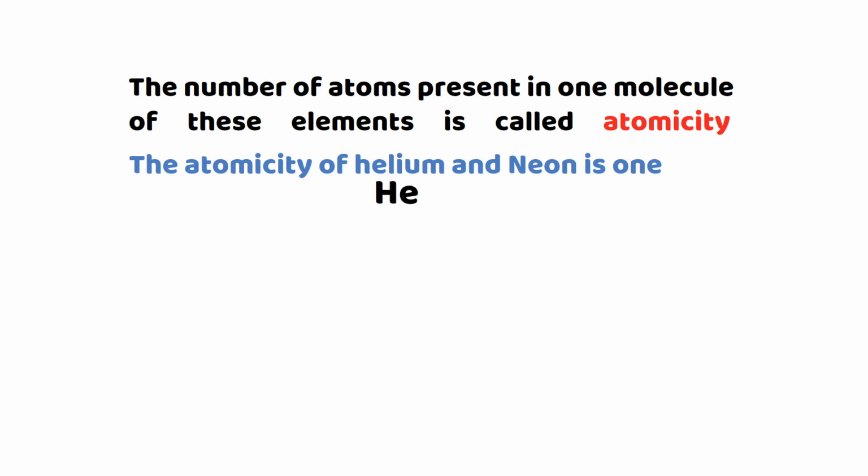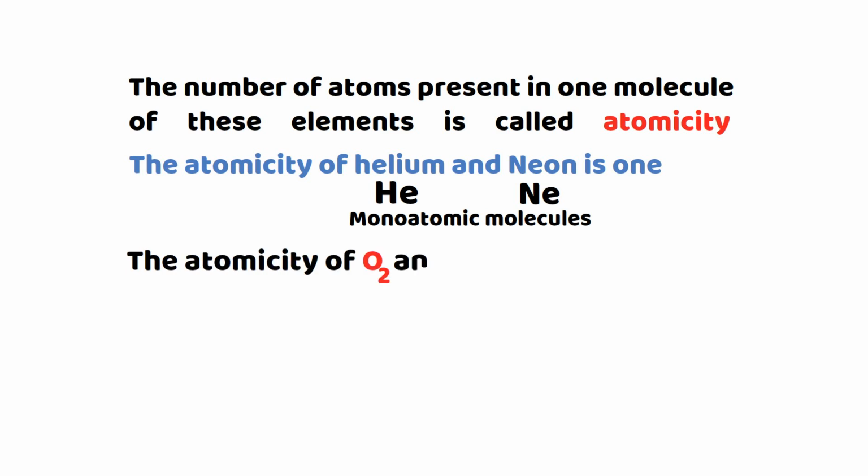Both helium and neon are also called monoatomic molecules, means molecules consisting one atom. Similarly, the atomicity of O2 and N2 is 2 as these molecules have 2 atoms per molecule. They are also called diatomic molecules.